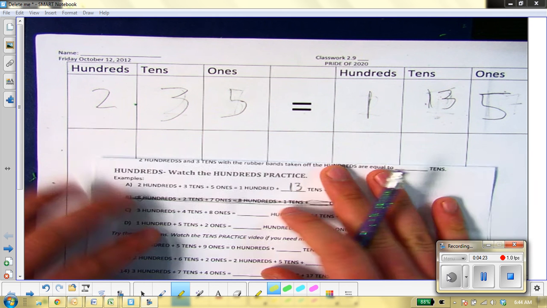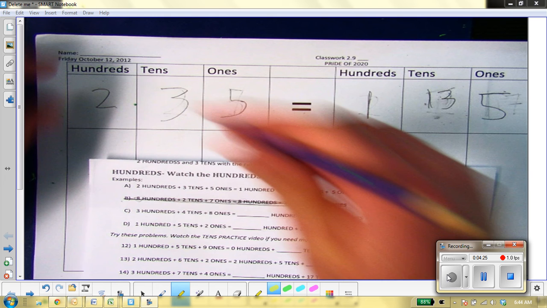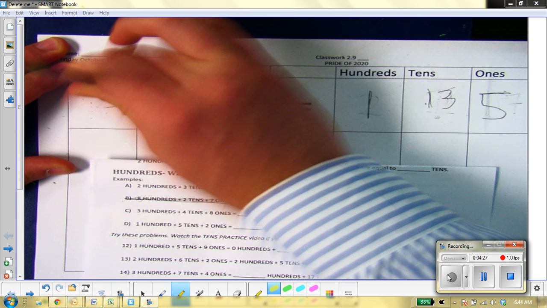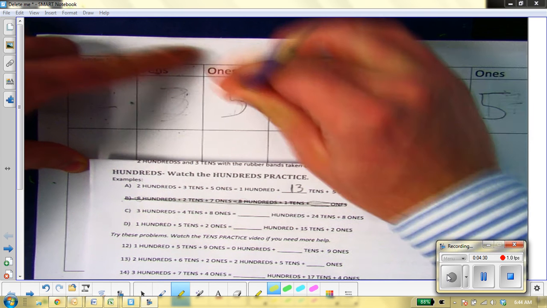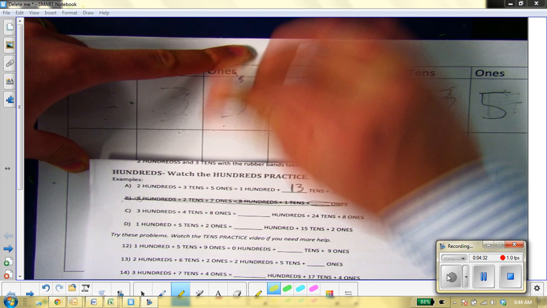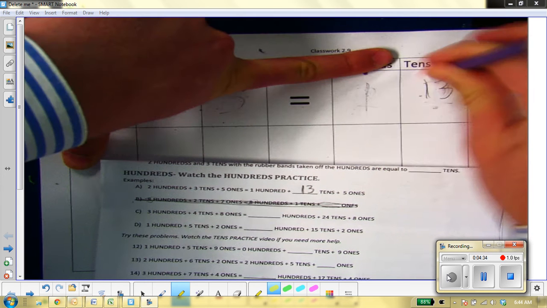In this problem, I have 3 hundreds, 4 tens, and 8 ones.